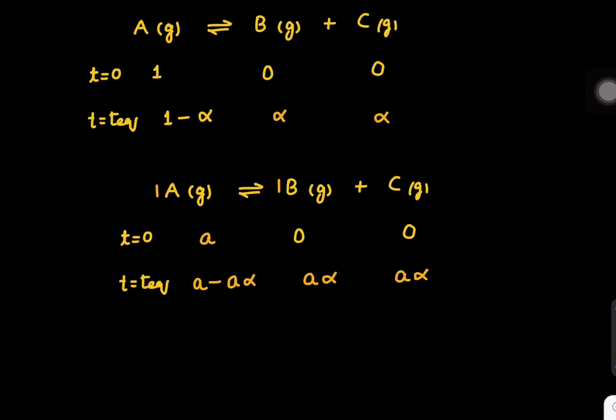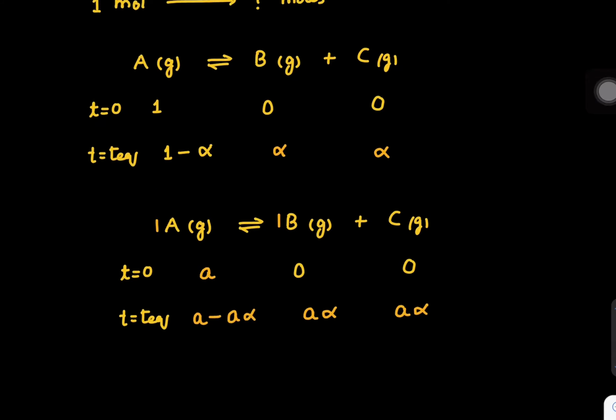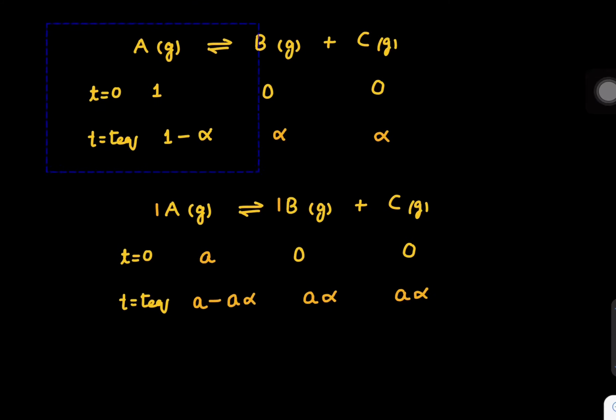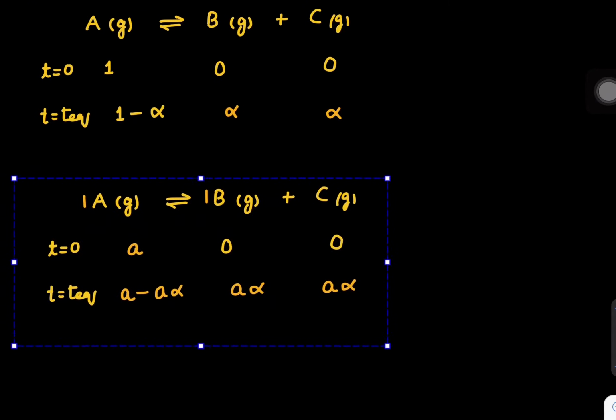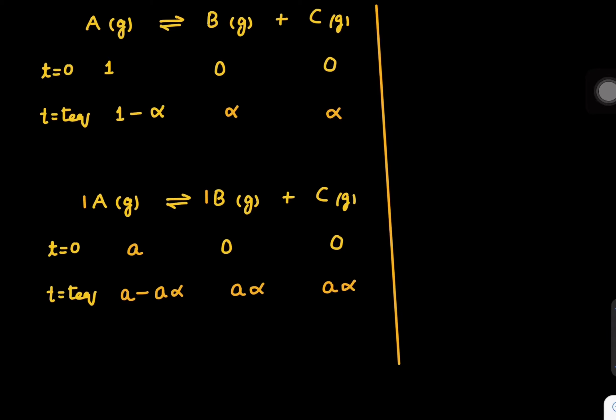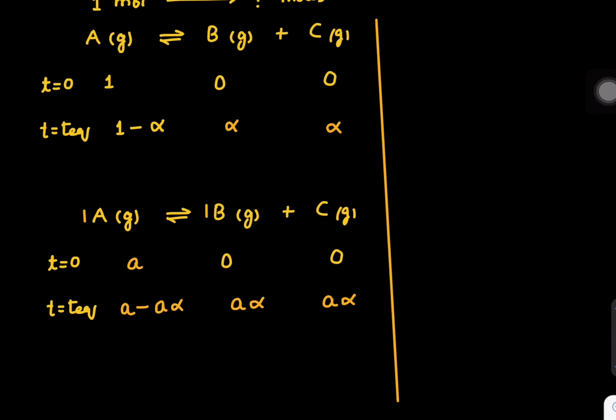Once you complete this discussion, we will learn the concept of average molecular weight also linked with this. So I'm just creating a small space here, this side. In this situation, let us learn what is average molecular weight. Initially, how many moles of A do we have? Just 1 mole. So 1 mole of A multiplied by molecular weight of A should be the initial mass.